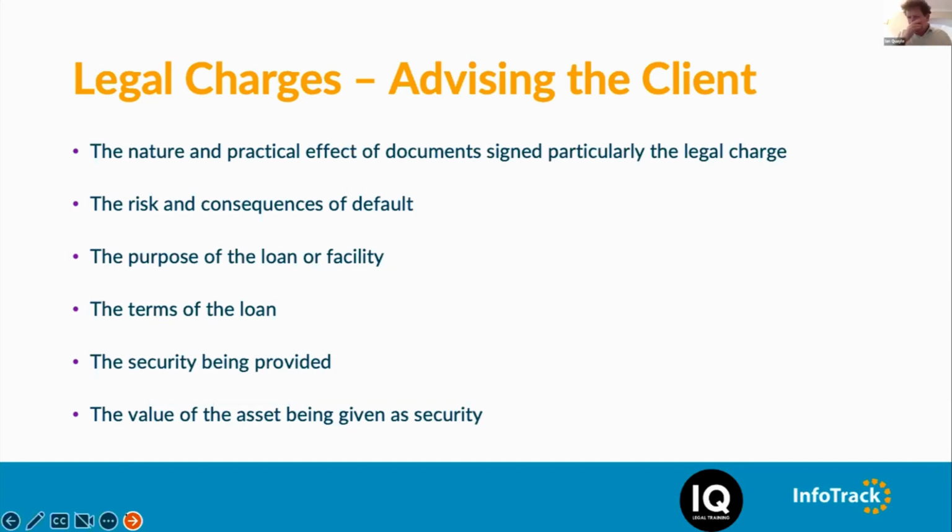Let's assume that there are other clauses within the terms of the mortgage advance that are so ridiculous as to be completely uncommercial from the client's perspective, given their circumstances. It is important to tell the client what you think and to suggest to the client that they get advice elsewhere as to alternatives, alternative funding, alternative ways of dealing with things.